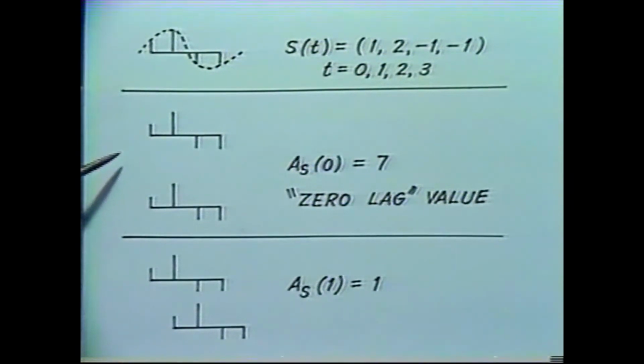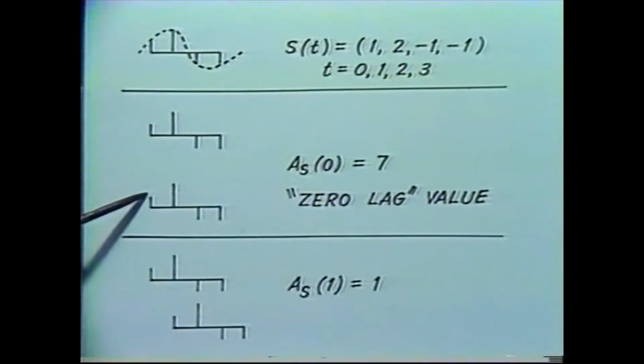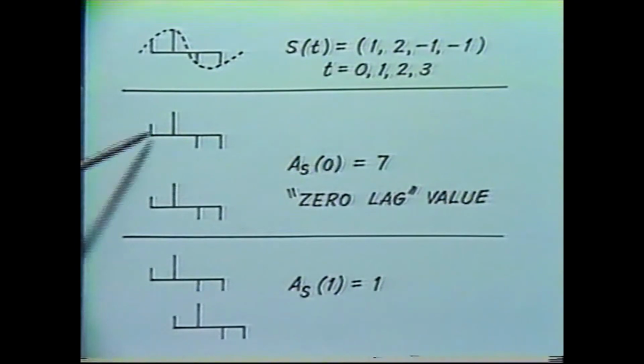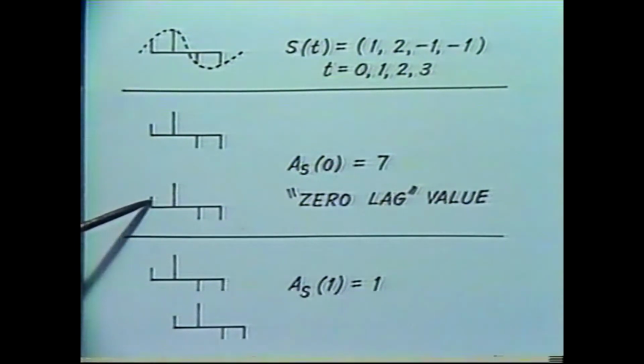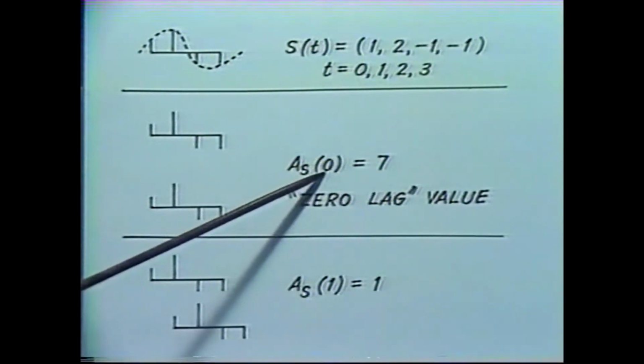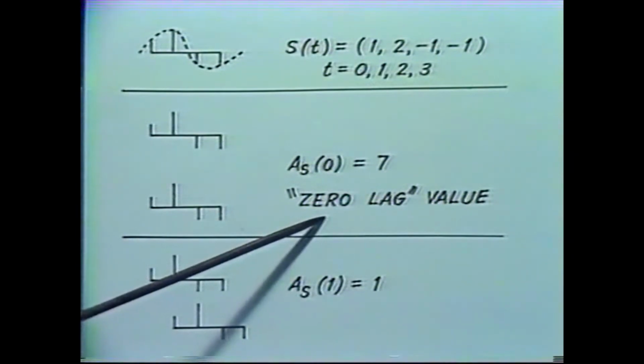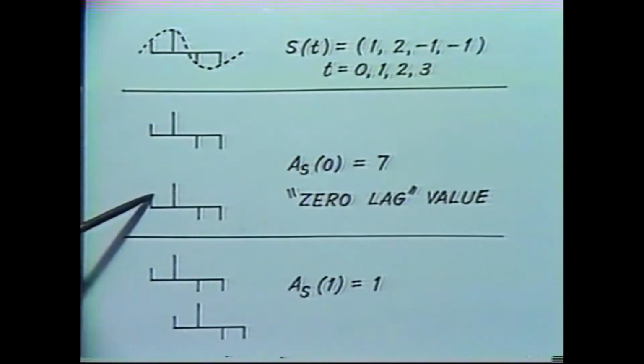In correlation, one cross-multiplies each sample on the trace and then adds all those products together. When the two trace segments are undisplaced relative to each other, this is called the zero lag position. So the first autocorrelation value we compute corresponds to the zero lag value, the undisplaced position between the two traces.